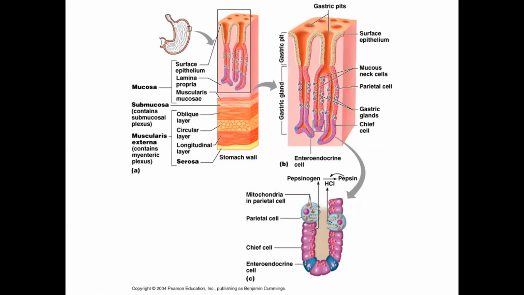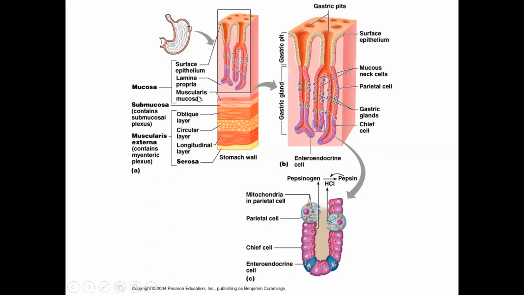Okay, now we can look at the stomach wall structure. So here's the wall structure in large. Okay, so again, from the inside is the mucosa, submucosa, muscularis externa, and the serosa in that sequence. Okay, so here is the mucosa. From here all the way down here is the mucosa.